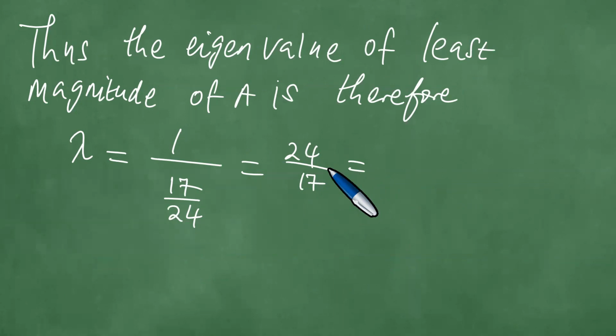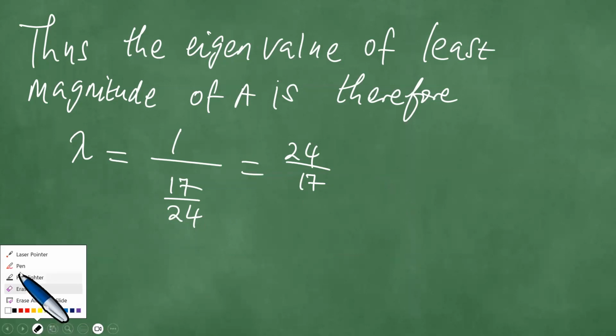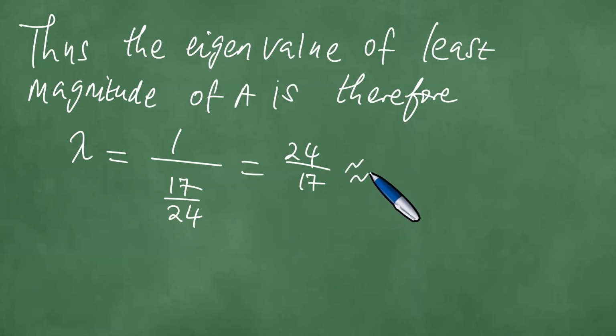Twenty-four out of 17 is what? Approximately 1.4117. Okay.